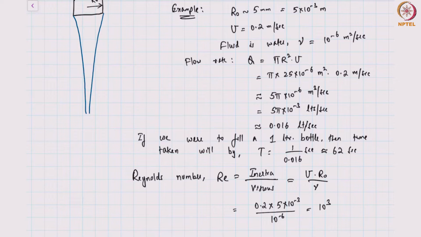So the Reynolds number is 1000. Even at such fairly low flow rates, where it takes a minute to fill a water bottle, the Reynolds number is close to 1000. So you can safely assume that such flows are inertia dominated and you can ignore viscous forces at leading order. We will consider this problem completely devoid of any viscous forces.